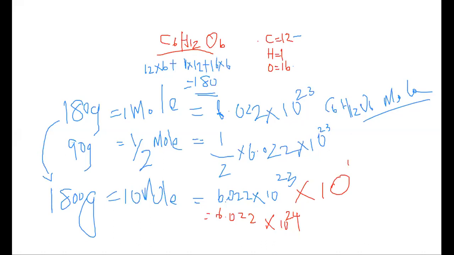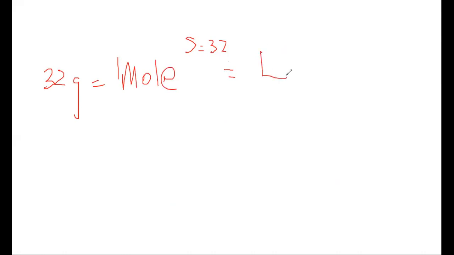If you come to this, for example, sulfur. Sulfur is what? 32. We were talking about molecules; I'm going to talk about atoms now. This is the relative atomic mass of sulfur. If you take 32 grams of sulfur, that would be 1 mole. It will have 1 L. If you take 16, how about this one?